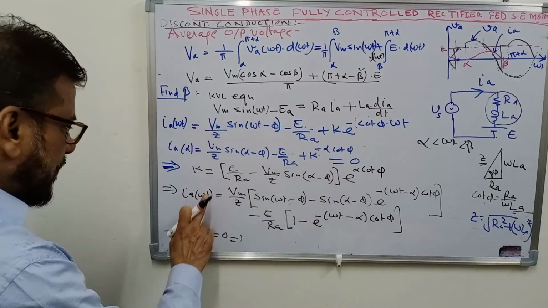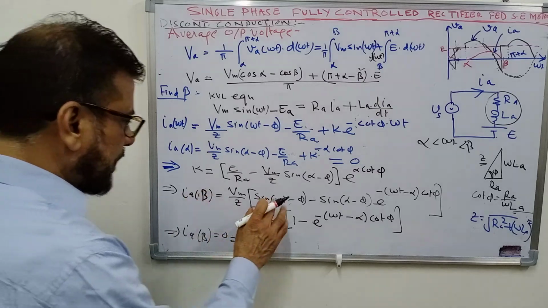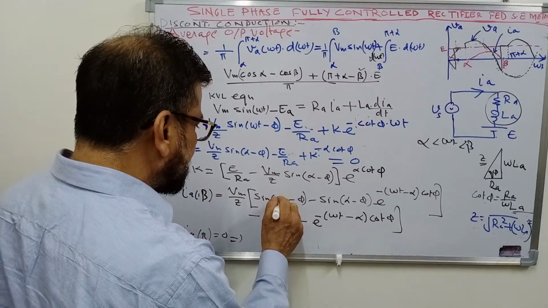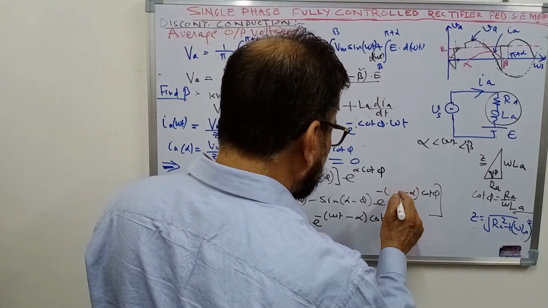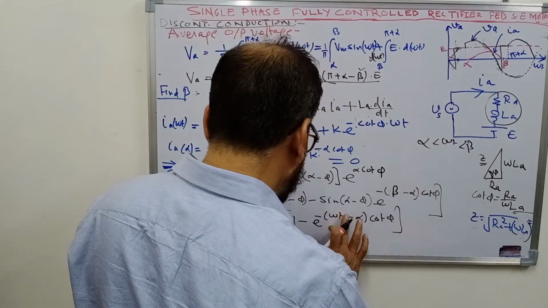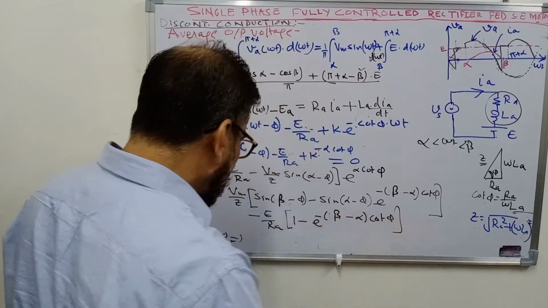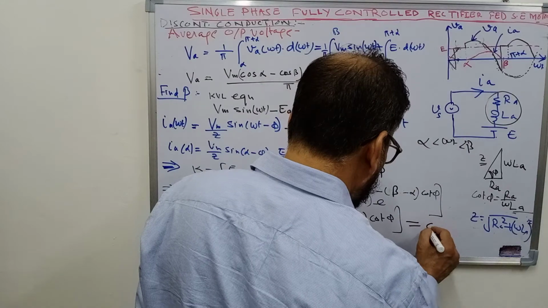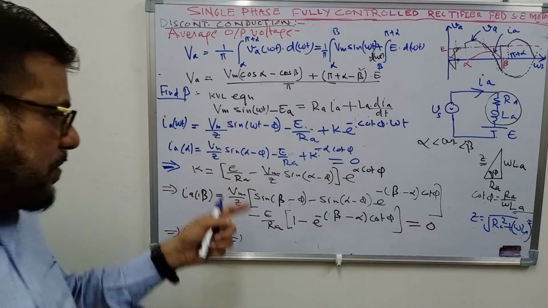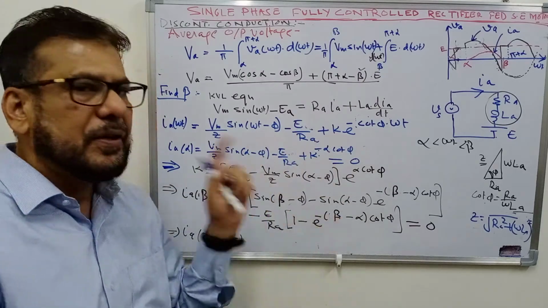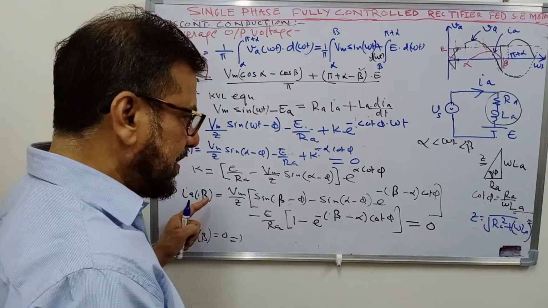In this equation you have to write beta, and again here beta minus alpha cot phi, like this, and just equate this equation to 0. Now here you can see that the only unknown quantity is beta, so this you can obtain. So this is a non-linear equation.